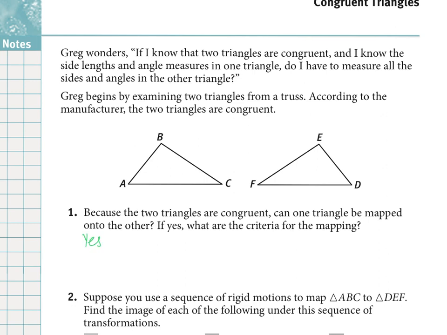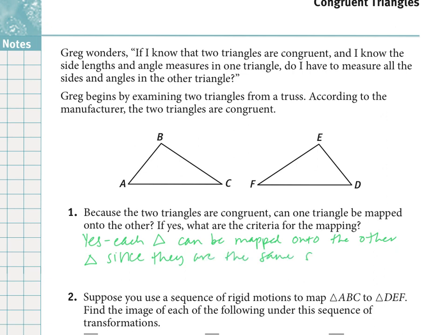So we know, yes, each triangle can be mapped onto the other triangle since they are the same size and shape. Remember, that's what the word congruent means, so I'm putting that in parentheses.